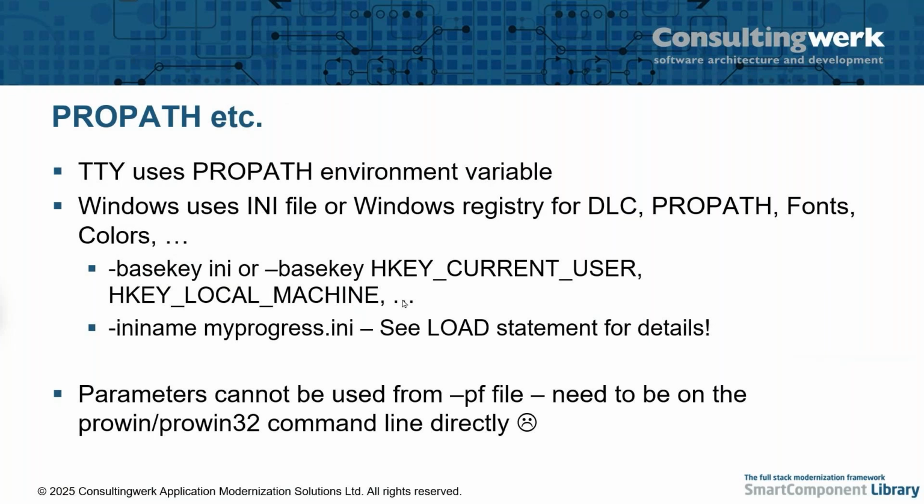Typically what we see with the GUI clients is that we have two startup parameters. One is the -pf to point to the PF file, and then we have the -basekey INI, well, 3, and the -ininame to point to the INI file. But still that keeps it rather short.